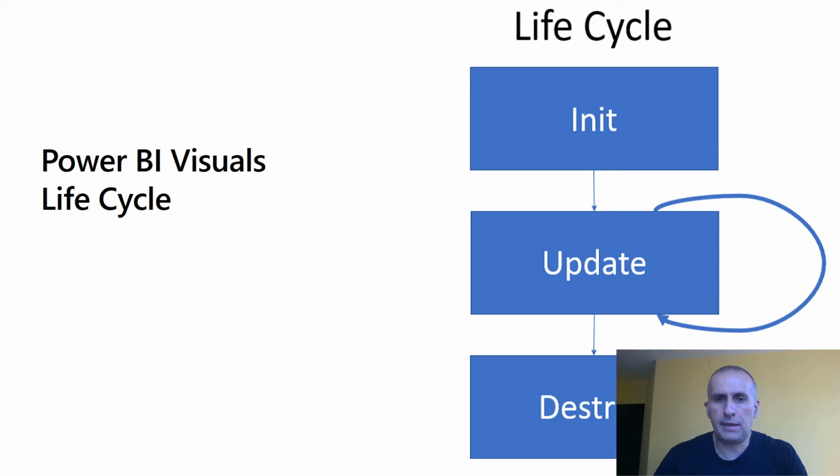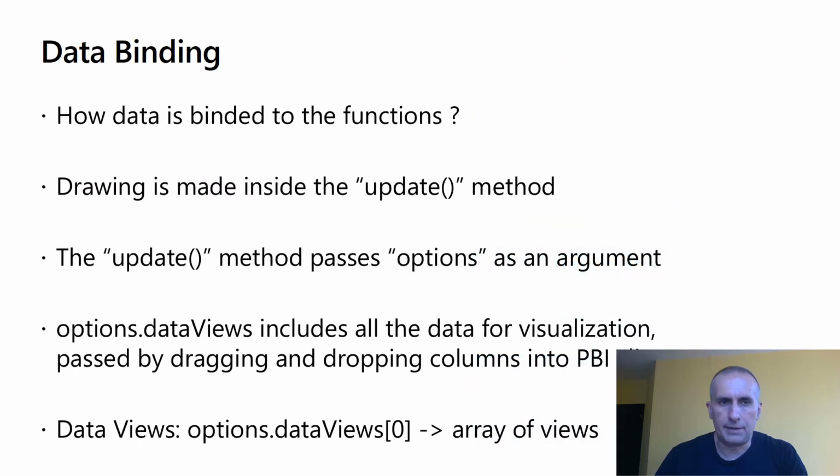Finally, at the end of the life cycle we have the destroy method, which destroys everything created as part of the visual tree. That's the most important on a high level, but one of the most important details is related to data binding.